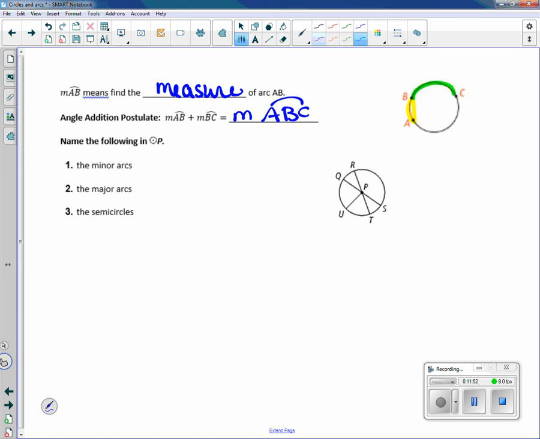So let's look at this. Let's name some minor arcs here. Can someone name me a minor arc? QU. Look at that. That's less than 90 to 180, right? So QU. Give me another one. US works? What else? How about RS?